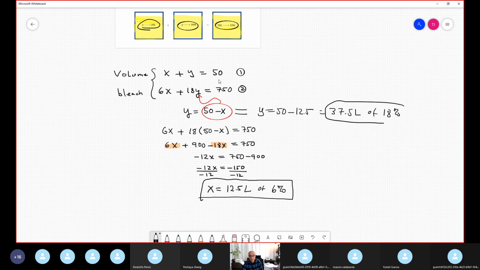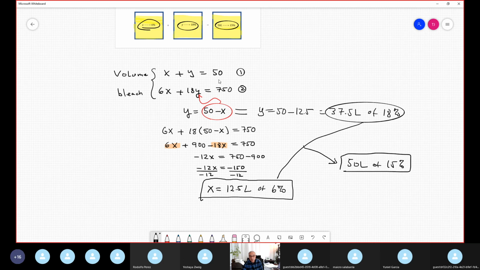When you put these together, I guarantee you obtain the thing you need, which is 50 liters of 15%. If you want to double check, you can. Adding 37.5 and 12.5 is 50.